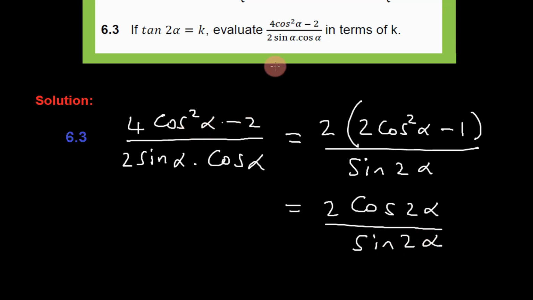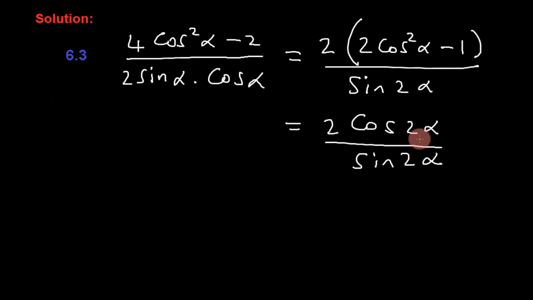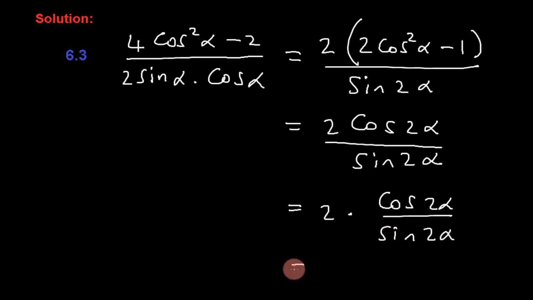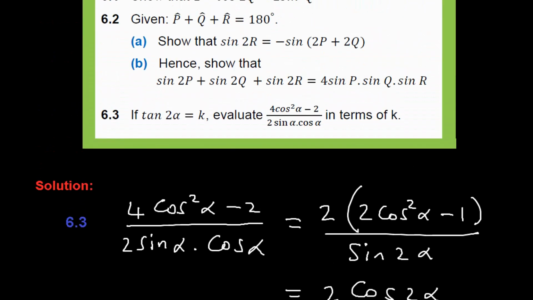Now, remember that we have to write this expression in terms of k. So I'm going to rewrite what we have over here slightly. So it's 2 times cos 2 alpha over sine 2 alpha. We were also told that the tan of 2 alpha is equal to k.